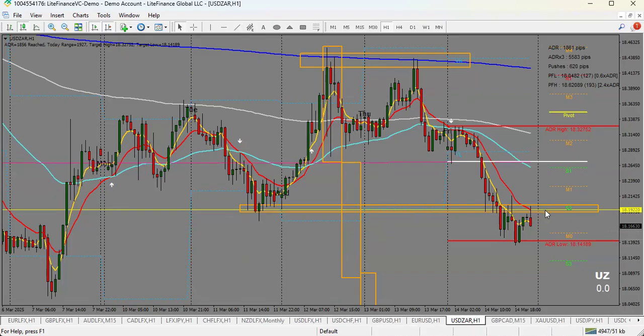Price might consolidate around this area and then continue down, or it might retrace to this level and then continue down. Okay. So I would make my anticipation as that. That's the best possible scenario that can occur on USDZAR.